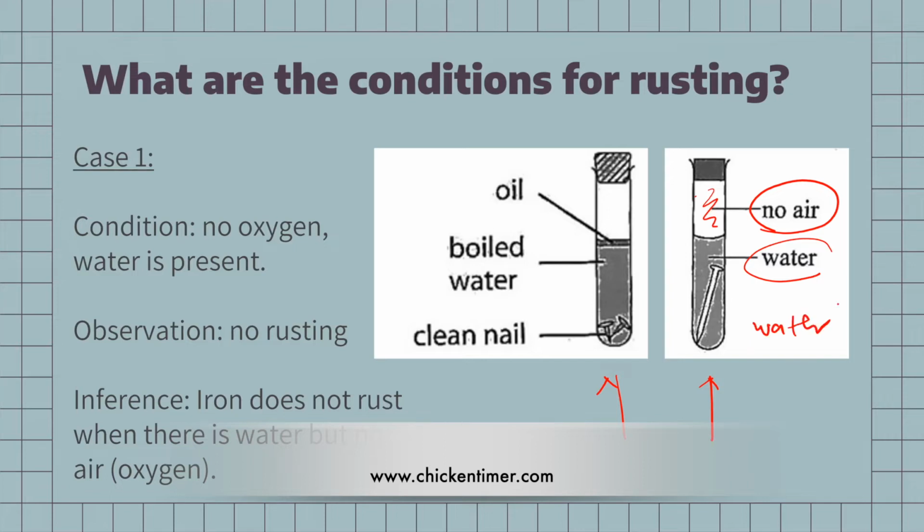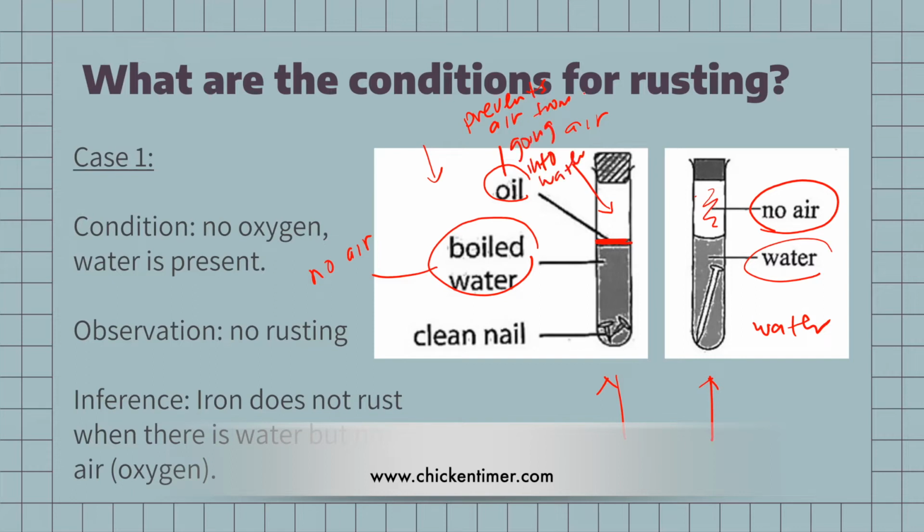Then the second case here, the one on the left, what happened is, boiled water indicates there's no air. Boiled water has no air. Okay, you with me? Then you have air on top here, and then there's oil here. What does this layer of oil do? It prevents air from going into the boiled water.